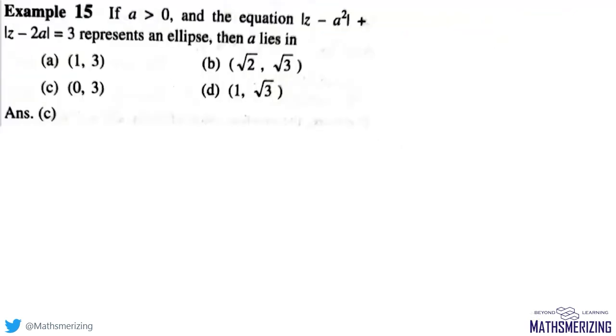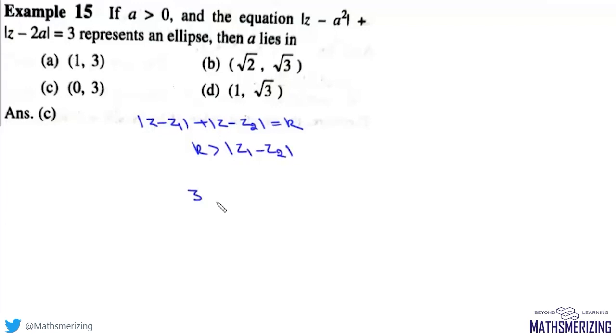Now here the question is, if A is greater than 0 and if the equation represents an ellipse, then A lies in. Now we know that the equation mod of Z minus Z1 plus mod of Z minus Z2 equals K will represent an ellipse if K is greater than mod of Z1 minus Z2. Now in this case, value of K is 3.